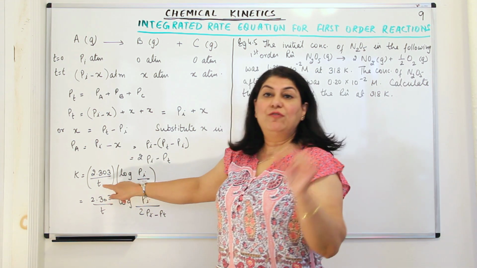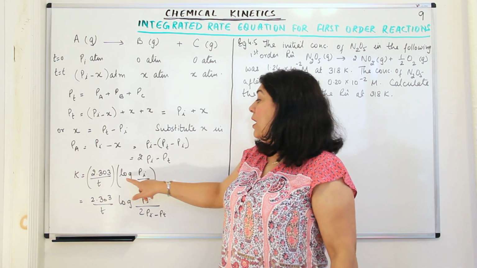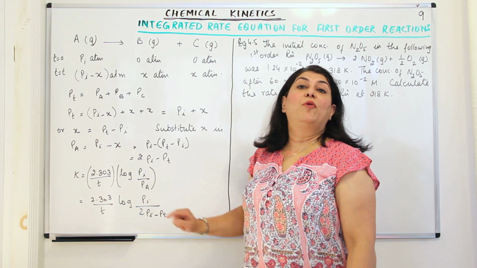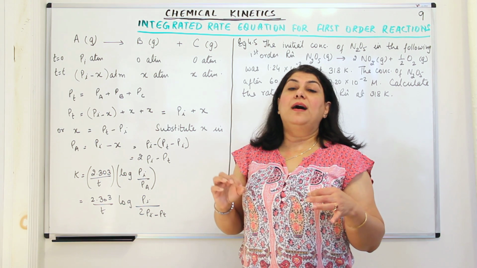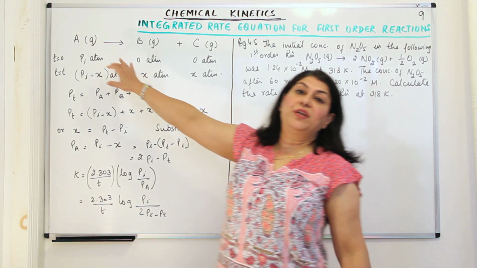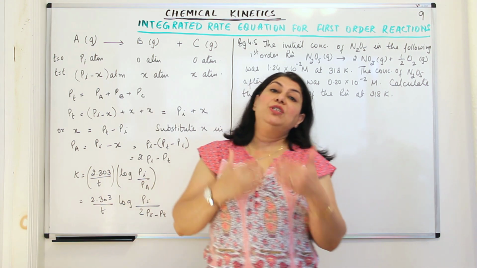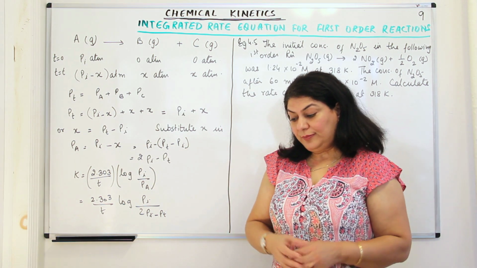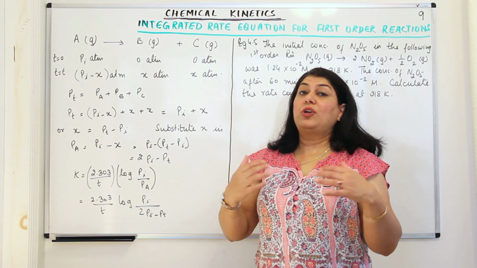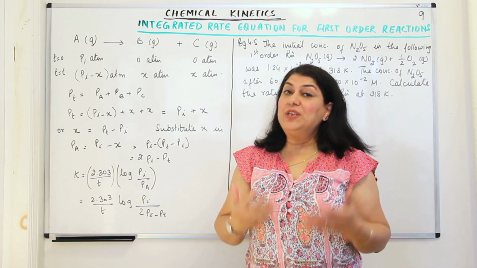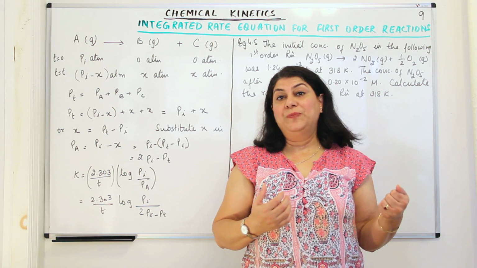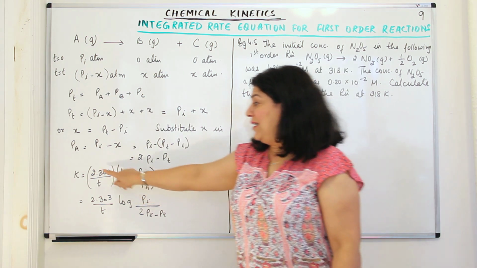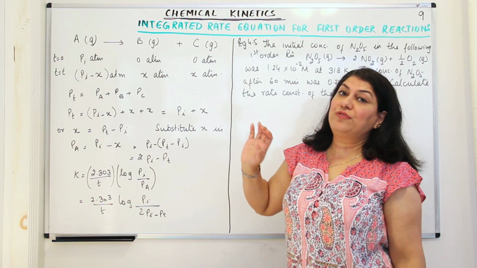So T2 minus T1 would be delta T, that is the change in time, log R1 upon R2, where R1 and R2 are the molar concentrations of the reactant at time T1 and T2. You had understood. In case you do not understand what I am telling you right now, I would encourage you to watch the previous video and you would understand how we calculated the rate constant for a first order reaction.